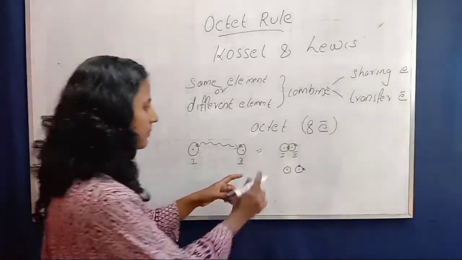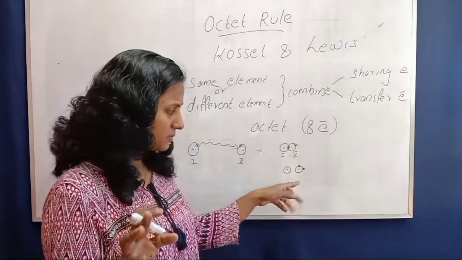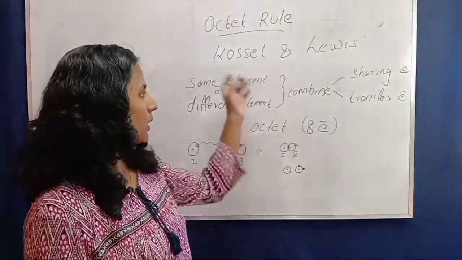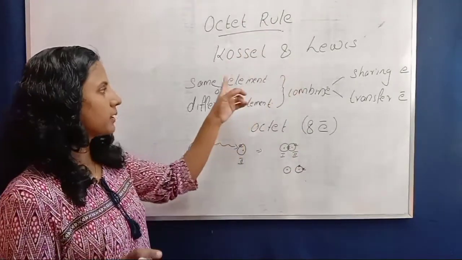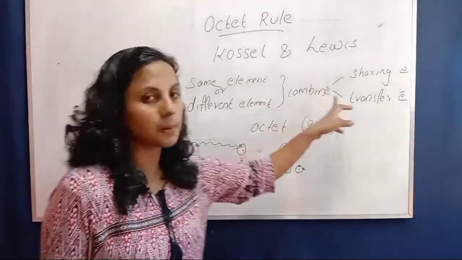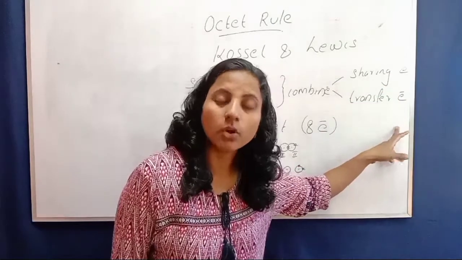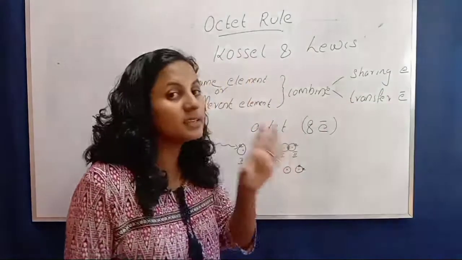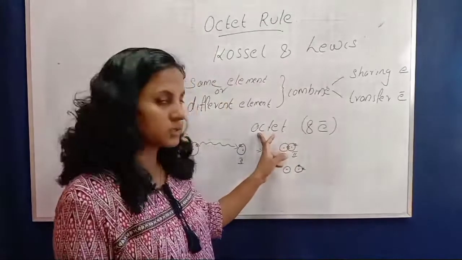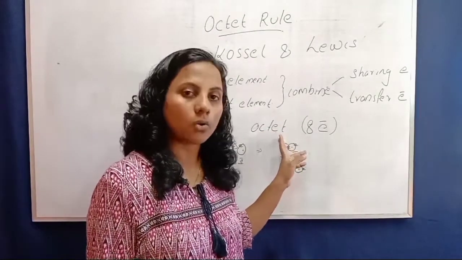The first one is sharing and the second one is what? Transfer of electron. Okay. Now come back to the octet rule. What does the octet rule say? Same atoms or different atoms combine by sharing of electrons or transfer of electrons such that each atom gets an octet or 8 electrons. This rule is called the octet rule.